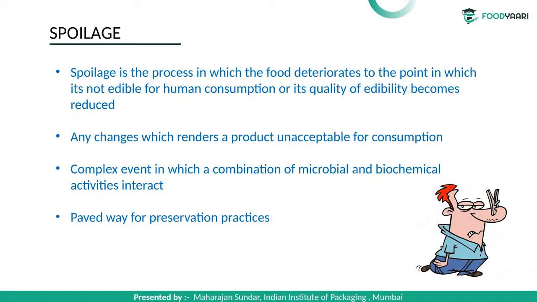The original quality, or the desired quality decided by the manufacturer, will not be present if the product is deteriorated. Any change which renders a product unacceptable for consumption. It is a complex event in which a combination of microbial and biochemical activities interact within the food product. This spoilage actually paved the way for preservation practices.